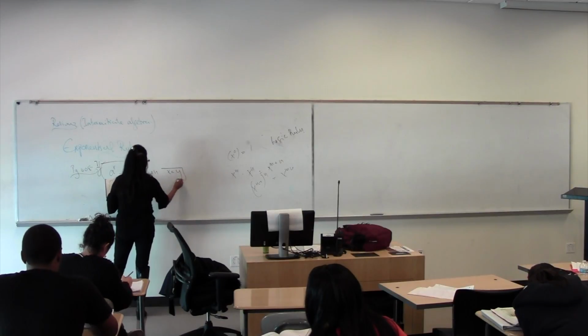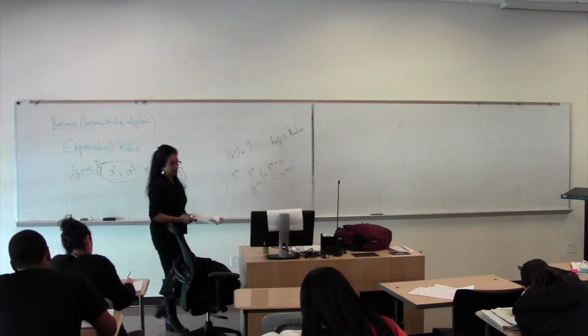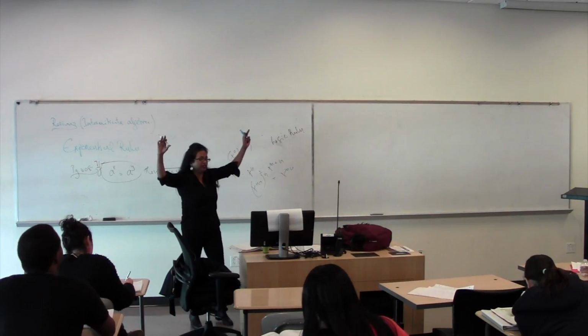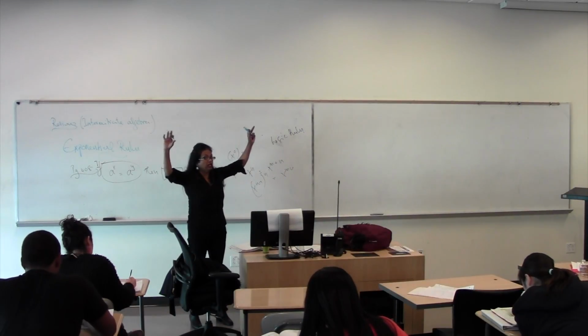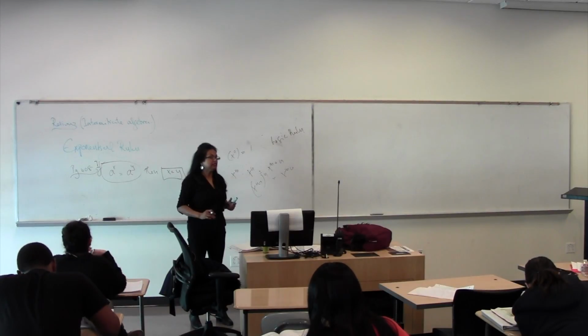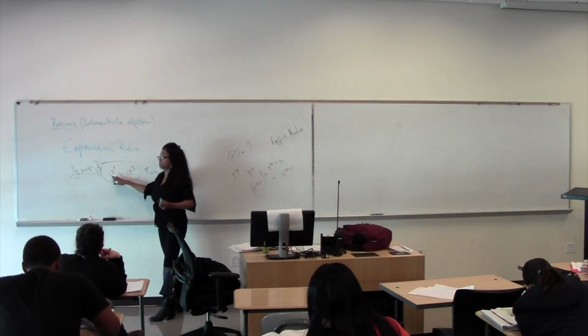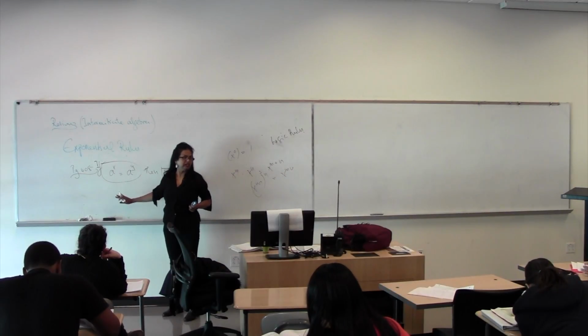We are going to use this. This is a new exponential rule. If we have two exponential functions that are equal, then the powers are the same. Okay? So this is a basic rule.